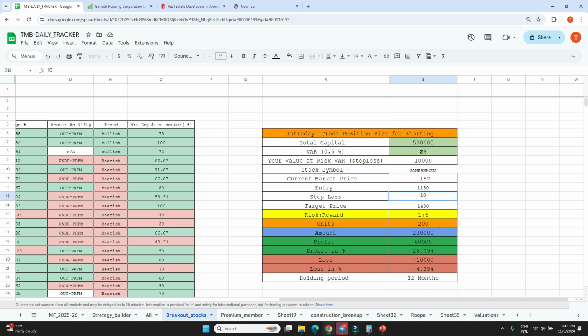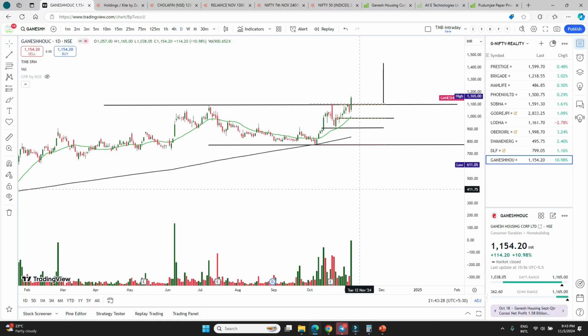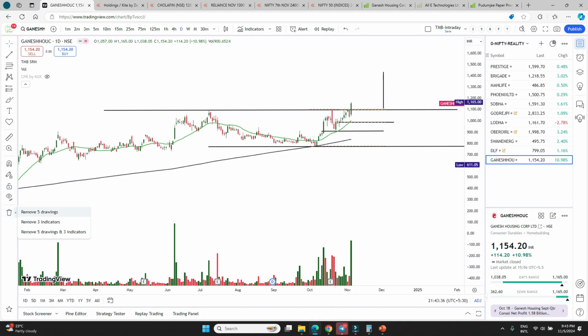If 1050 is my stop loss, I am allowed to take a 1 lakh position. That means whatever stop loss amount I put will tell me the position sizing for the entry.